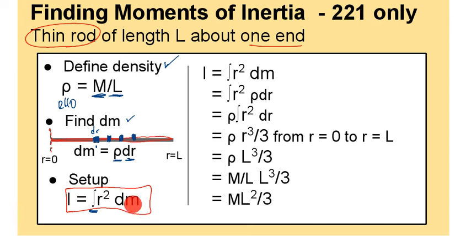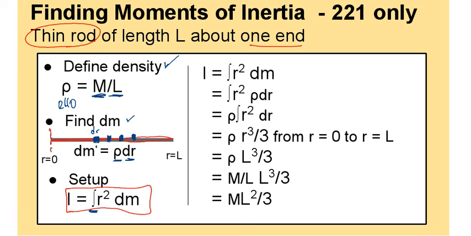Since we have dm, here's the way I set that up. I take dm right here equal to rho dr and just substitute it in. The rho is a constant, right? We said that the density was constant over the whole thing. So pull that out front. We've put it out front here. I need to integrate r squared with respect to r. Of course, that would give me r cubed over 3.